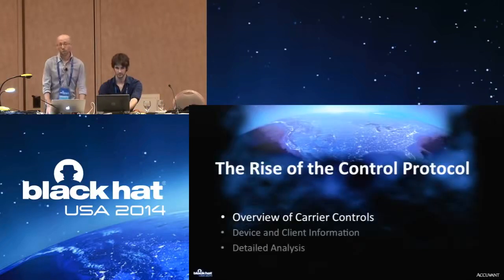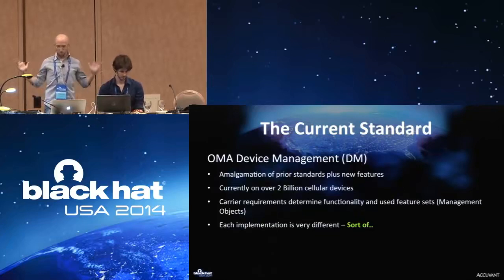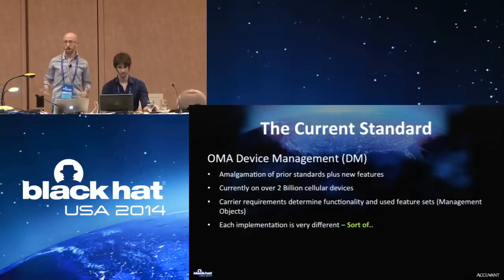So we will start with the rise of the control protocol. We're going to go into an overview of carrier controls. The current standard is OMA Device Management. It's an amalgamation of prior standards which have been used, such as OMA CP and OMA SP.